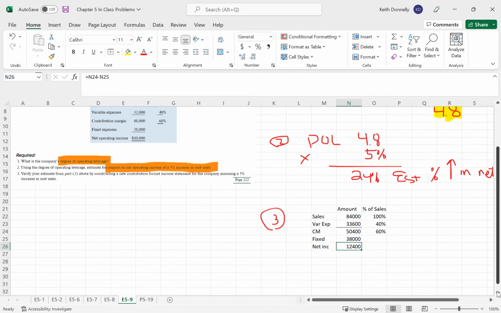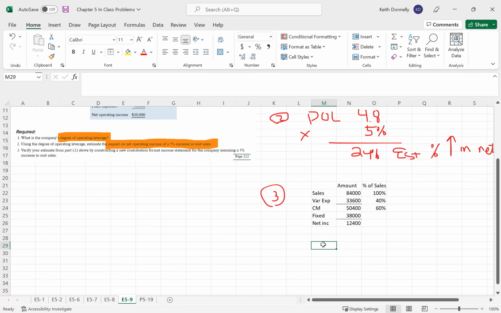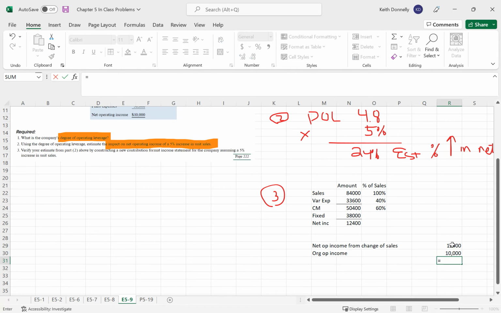So at the bottom here, how we can tie this out and prove it: we have our net operating income from a 5% change in sales. If we increase our sales by 5%, we're going to have 12,400 operating income. We have our original operating income from up here, the 10,000. The difference between those, the 2,400, is the change in operating income.